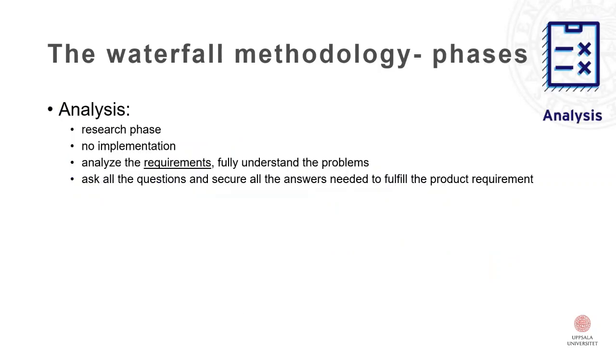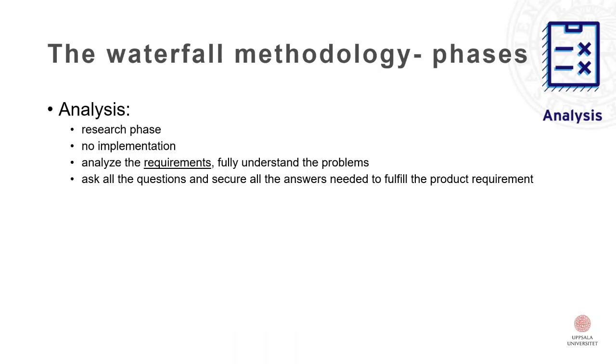So in the first phase, we have the analysis phase, in which the research will be done. No implementation will be done yet. You need to just find out what your customer needs, what the one who is ordering that piece of software needs. The requirements need to be analyzed, and you need to fully understand the problems.